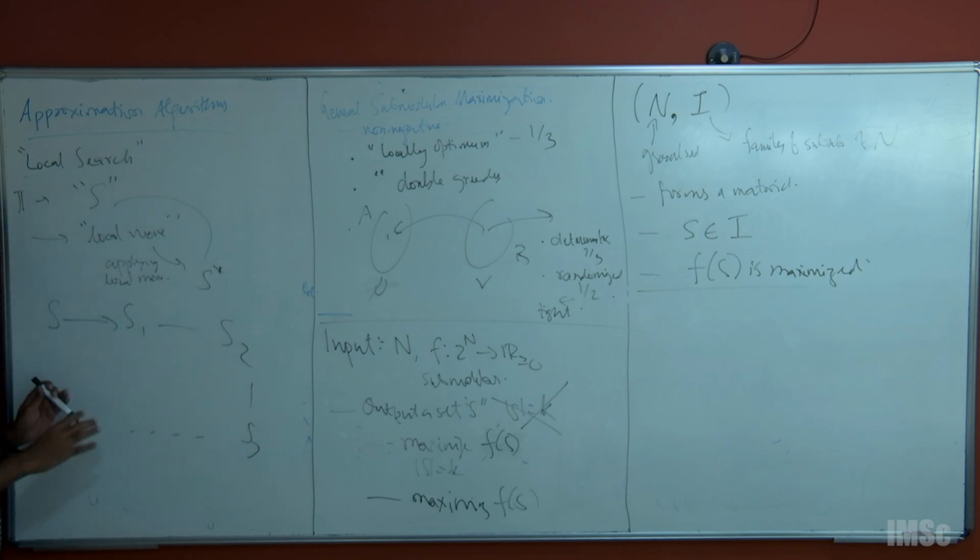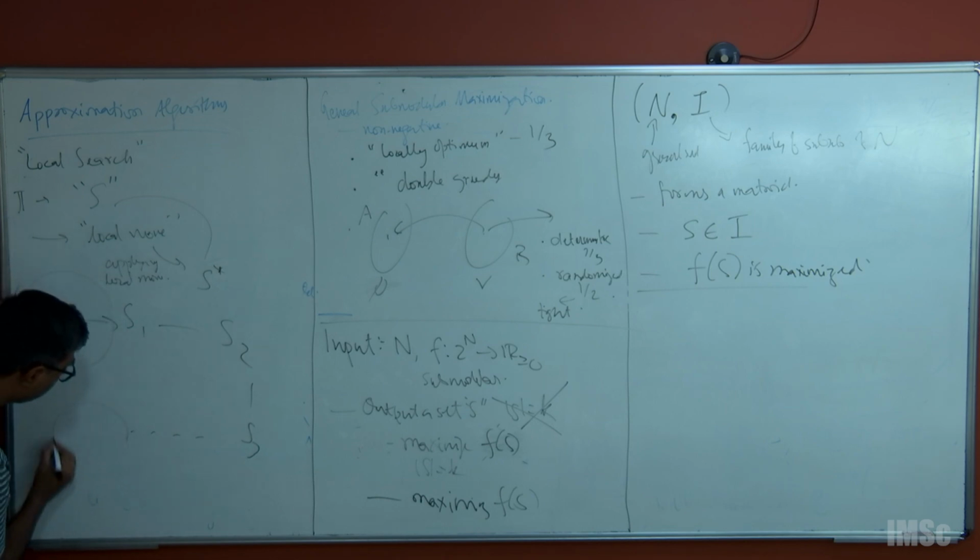So, you can think that local moves define a ball around the solution, right. Local moves provide a ball around solutions: every other solution that I can obtain from S by applying these local moves is in this ball of solutions, and I am trying to find and optimize my solution in these balls, okay.